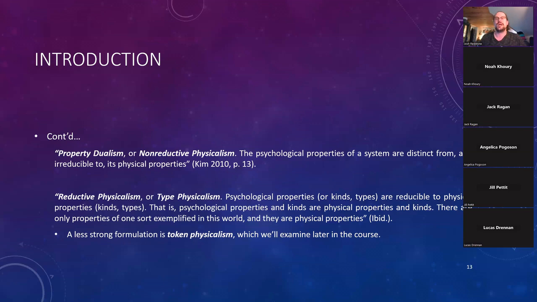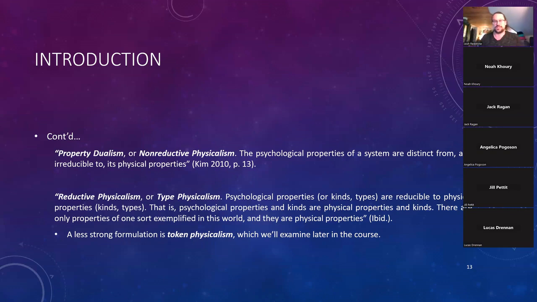And my belief is dependent upon, but not reducible to, those physical properties. So that's non-reductive physicalism. The only stuff that exists is physical stuff, but there are other properties, like mental properties, and we cannot reduce the mental to the physical.